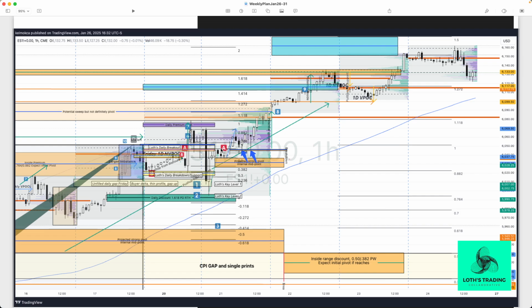Maybe I'll pop that open in a slide later on. Once that was tested a few times, and you can see there was a double bottom right at that level, the market accepted continuation going up, and we effectively swept the rest of the range from January.